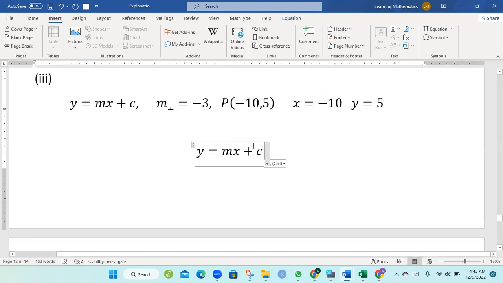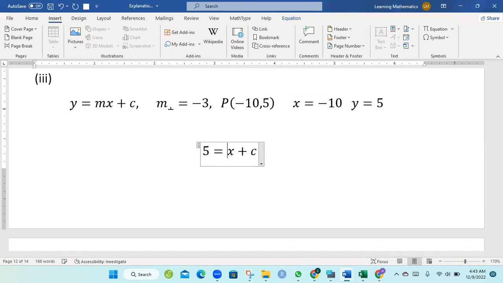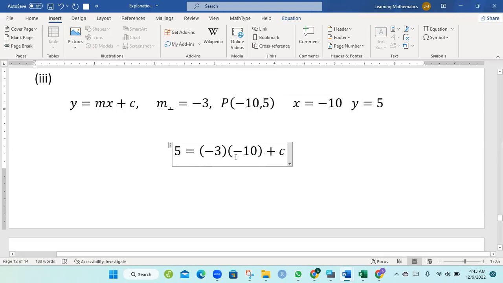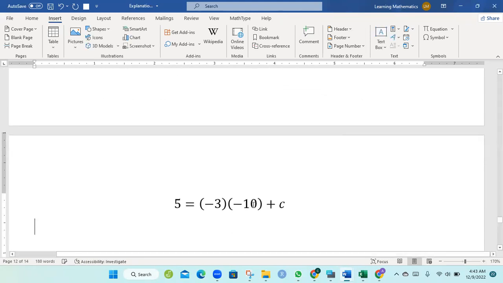Y is 5, so we substitute 5 in the place of y. We have m. m is negative 3. We have x. x is negative 10. So then we can solve for c. Negative 3 times negative 10, that's 30. A negative times a negative is a positive.